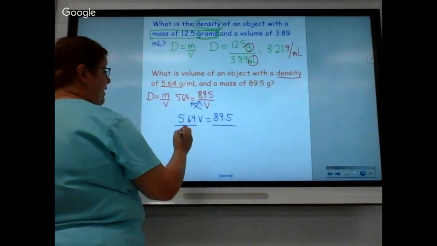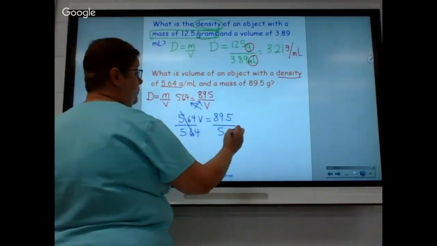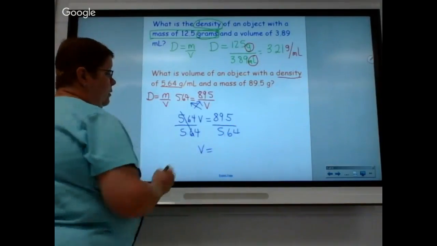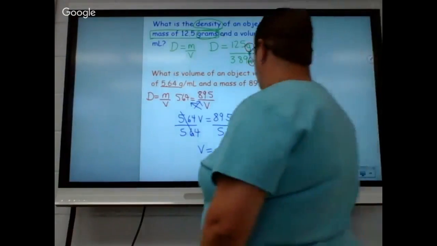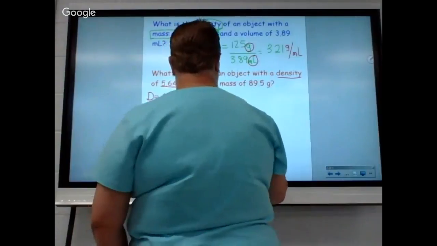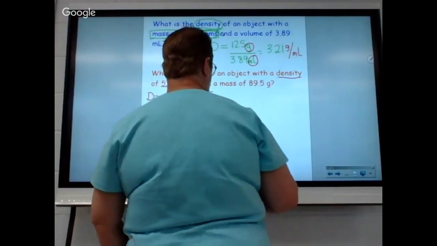Divide. So we're going to divide by 5.64 on both sides. So V will be whatever that is. 89.5 divided by 5.64 is 15.8. 15 point what? 8 is fine. One decimal place works right now.